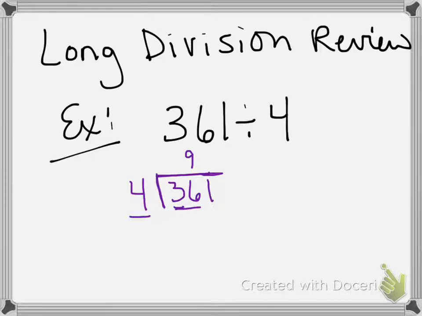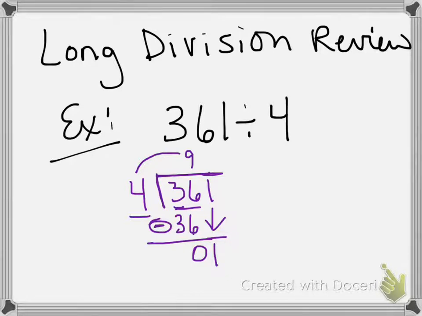Once I put the 9 up there, my next step is 9 times 4 equals 36. Then I'm going to subtract. 36 minus 36 is 0, and I bring down my next term, which is a 1. So my question is, does 4 go into 0? No. Does 4 go into 1?